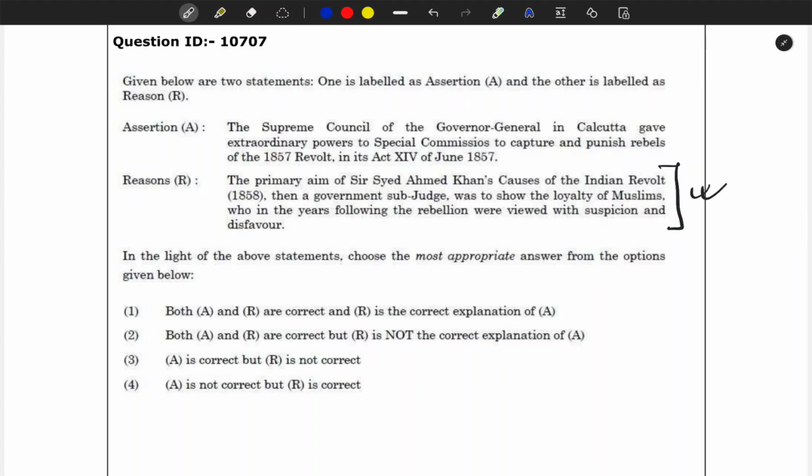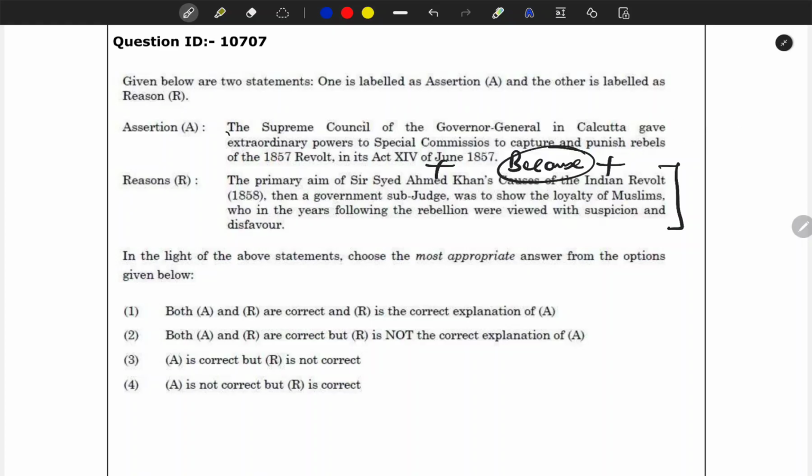First and foremost, you have to think whether these two statements have any kind of relation, whether this is an explanation of that. If you put "because" here, it will be a continuation of the first statement.